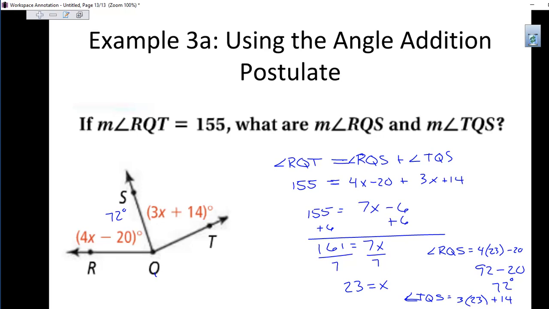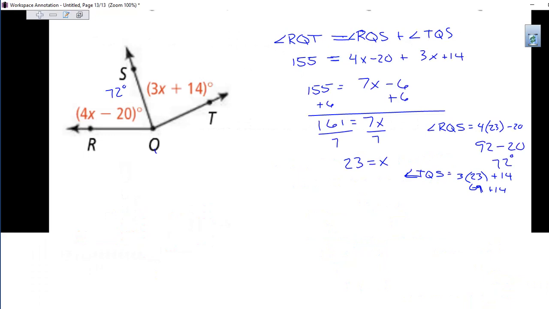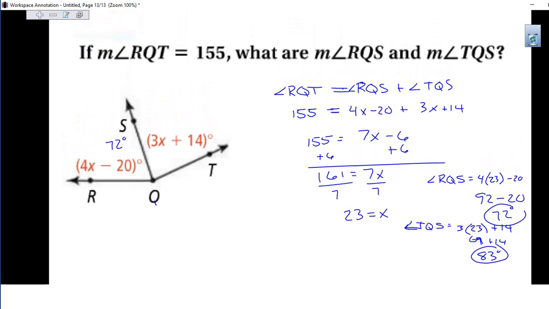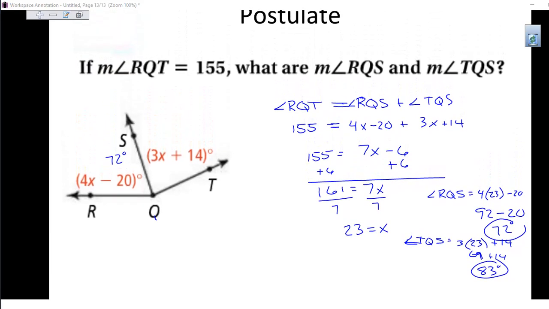So we get 3 times 23, which will give us 69, and then add 14. And 69 plus 14 is going to be 83. And so you can check your two answers by adding them together and make sure they come up to be 155. So always look for key words to help figure out how to set the problem up. And if they give you two angles and tell you what the whole angle is equal to, you're going to set it up just like we did, solve it for the variable and then plug it back in.